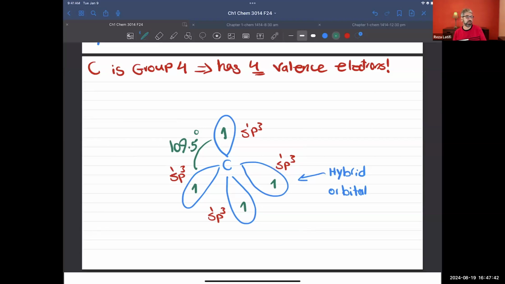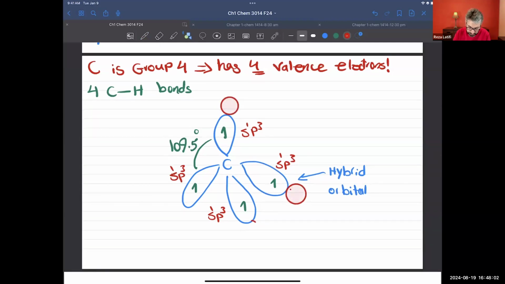Next, I need to answer, how can I get 4 identical CH bonds? So I need to have 4 identical CH bonds. You have 4 identical hybrid orbitals. Hydrogen is going to reach them from this side. That's hydrogen, and hydrogen is coming with one electron that is pointing down.